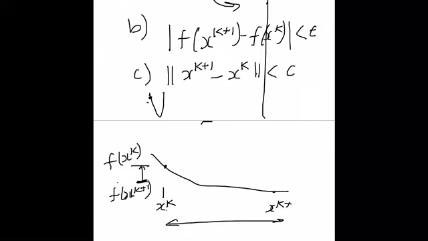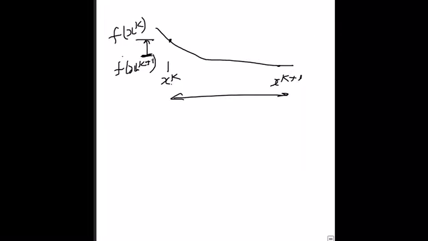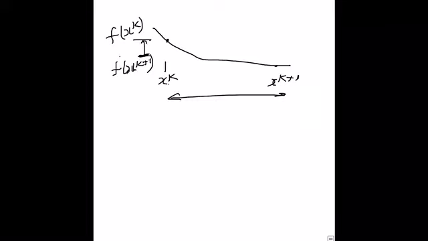The difference in the value of the function may be very small, but the actual minimizer might still be very far away. On the other hand, we can have a function where the function value drops very sharply, but the x values are not changing very fast.